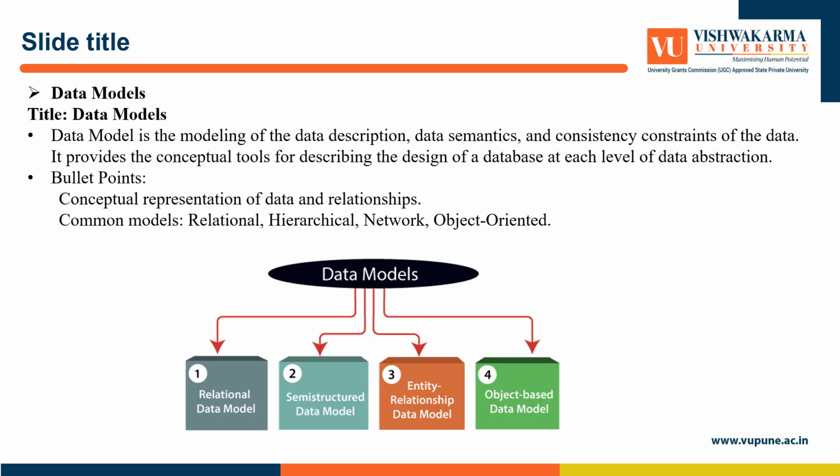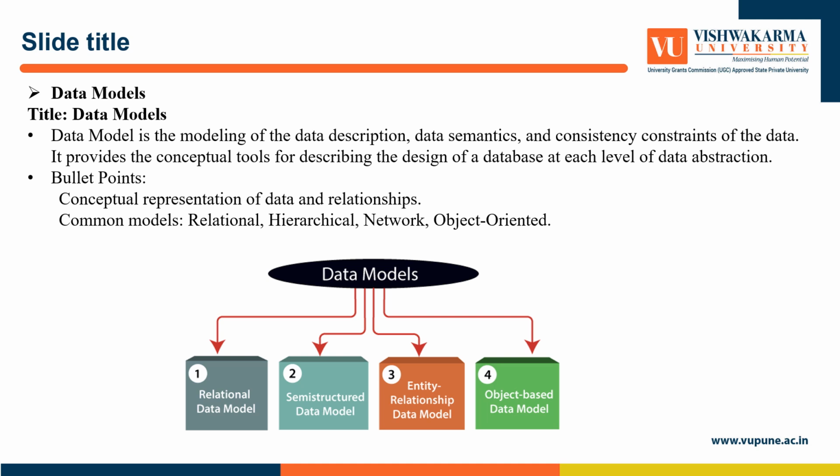The next topic is data models. So what is a data model? Basically, a data model is a description of data, data semantics, and consistency constraints of data. It provides conceptual tools for describing the design of a database at each level of data abstraction.